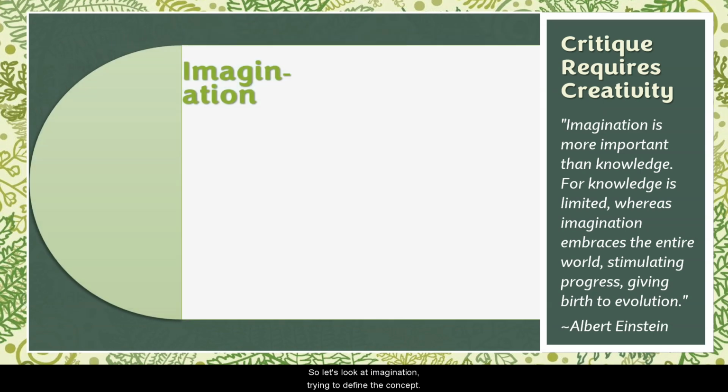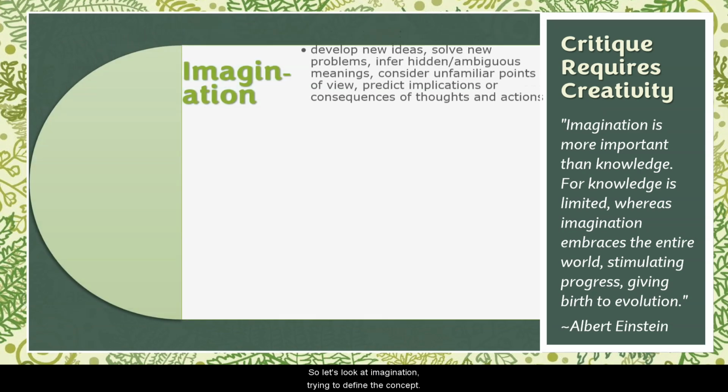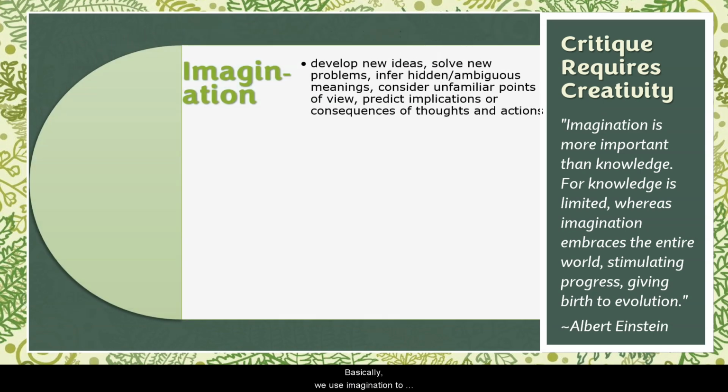So let's look at imagination, trying to define the concept. Basically, we use imagination to develop new ideas, solve new problems, and infer about hidden and ambiguous meanings. So inference is a huge part of our imaginative capacity. We can consider unfamiliar points of view.